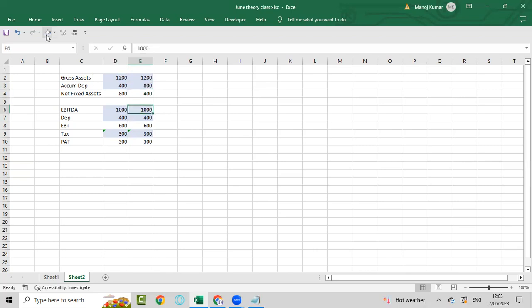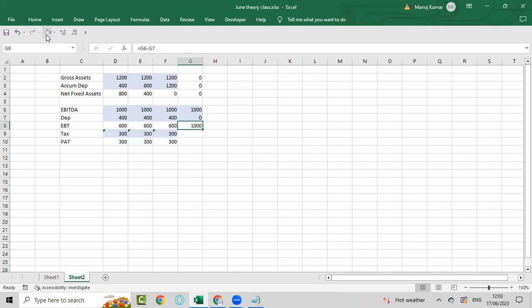In the third year, 1000, 400, 600, 300, 300. In the balance sheet again 1200, and accumulated depreciation will be 1200 because opening 800 plus 400 of current year. So net will be 0. In the fourth year, there is no asset. So EBITDA will be this and depreciation will be 0.